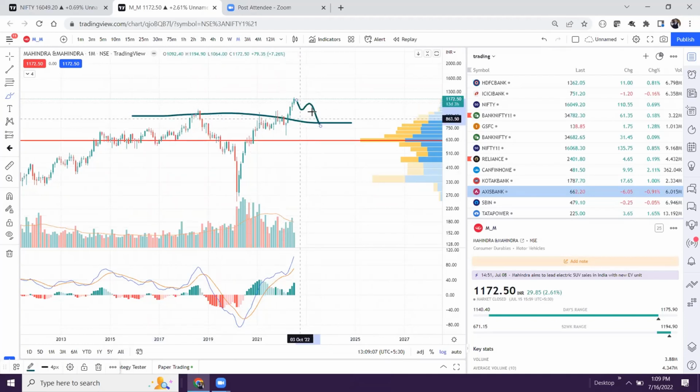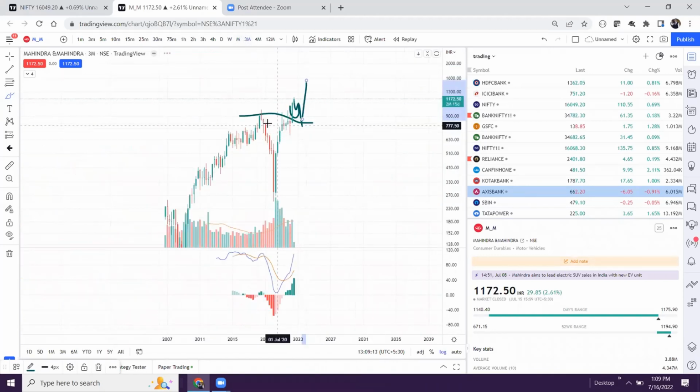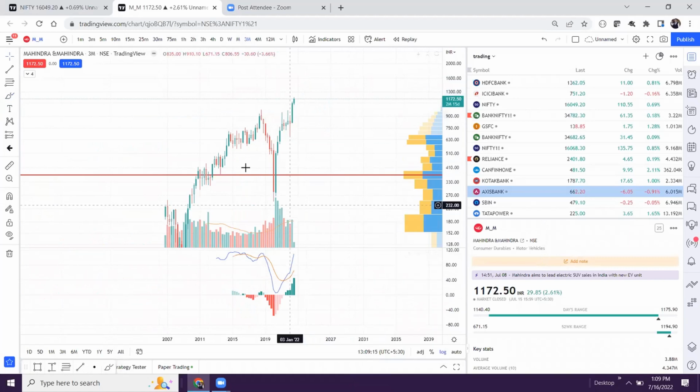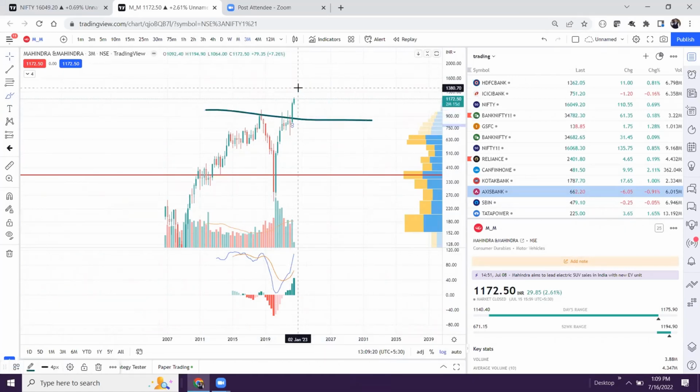Even so, it is the best sector if you want to invest, because it is already traveling above the previous resistances, right? So in the coming years this will go one more move up like this. There is no overhead resistance in this case.